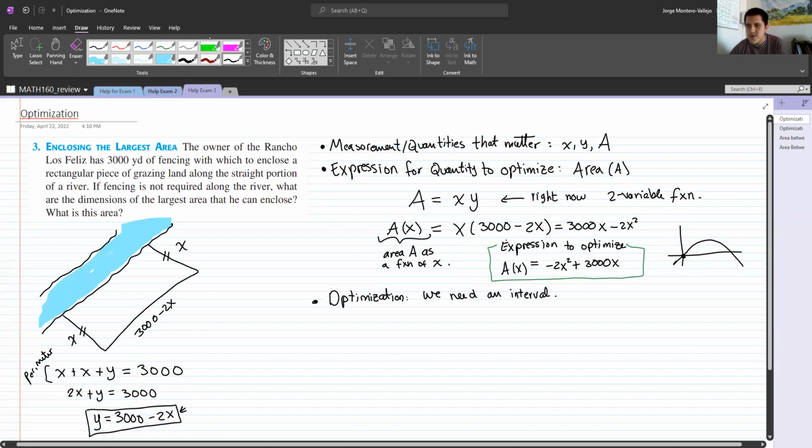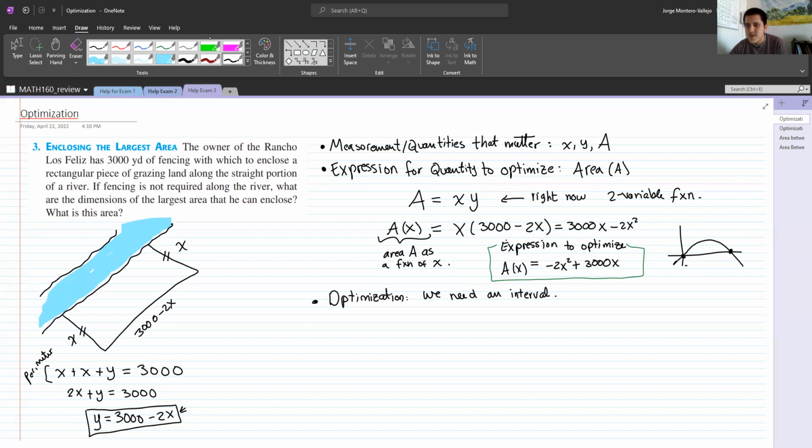This is 0 and this is 1500. We know that the interval of optimization is going to be this one over here, because area has to be positive. This side of the function and this side of the function have negative y values, but that means negative areas. So those areas don't make sense, and of course we don't want to consider them.